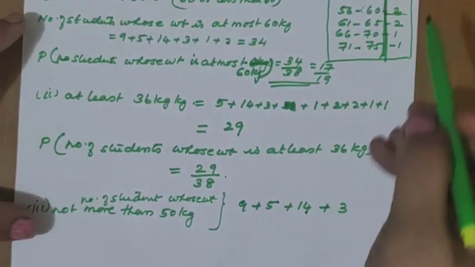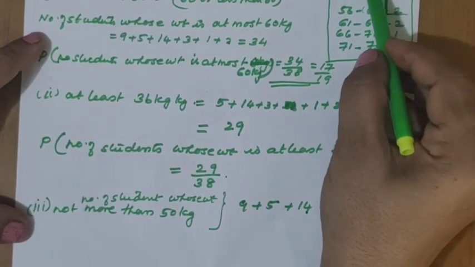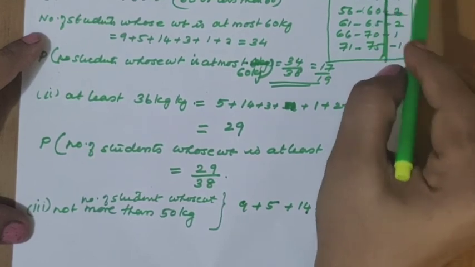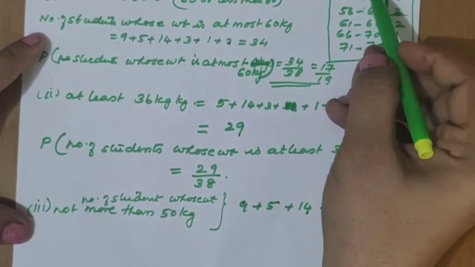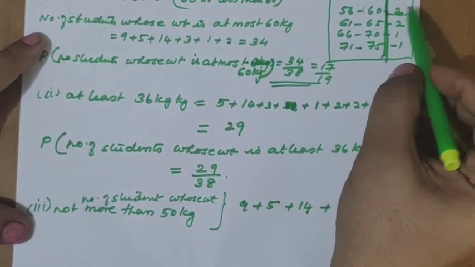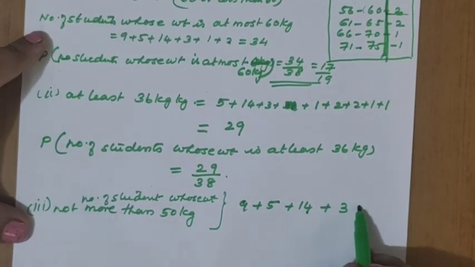See, why have I taken 3 here? More than 50, not more than 50. Whenever we are taking a class interval like this, 50 is not included there. The upper limit part is not included. That means not more than 50. So 9 plus 5 plus 14 plus 3 is equal to 31.